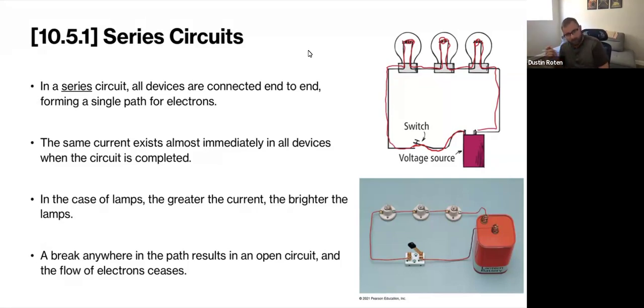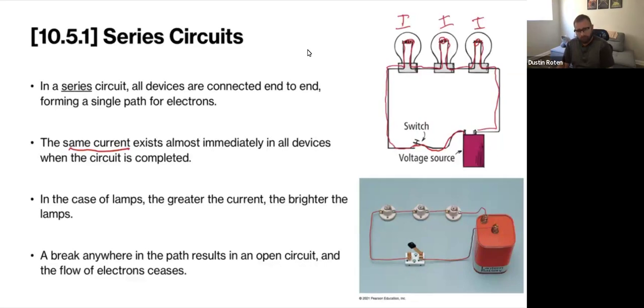As soon as we turn this switch on and complete the circuit, pretty much the same current exists in all the devices. In this first light, we have some current I. In the second light, we have some current I. Same thing here. The same current goes through everything. They all share the same value.